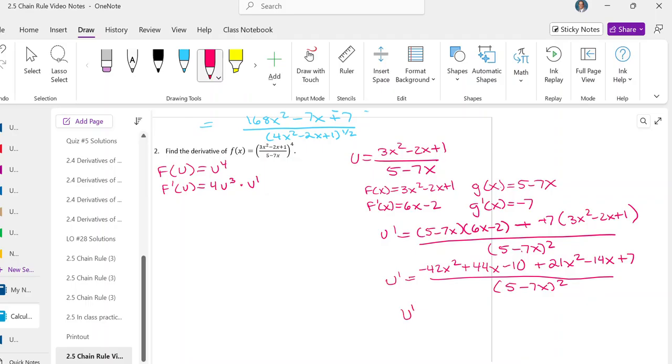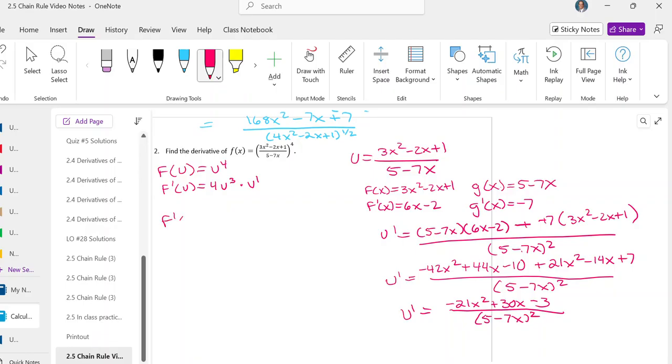When you combine like terms, you get negative 21x squared plus 30x minus 3 all over 5 minus 7x squared. So that's your derivative.